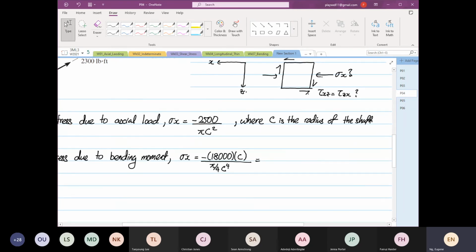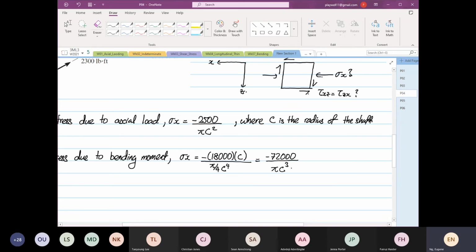So this will be equal to minus 18,000 times 4, 72,000. I'm going to get rid of the c: pi c cubed.